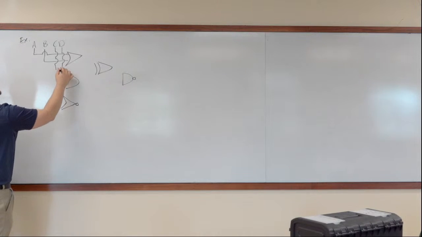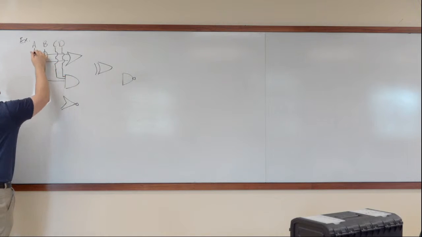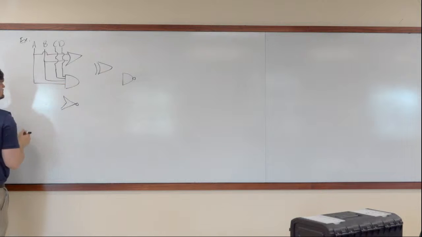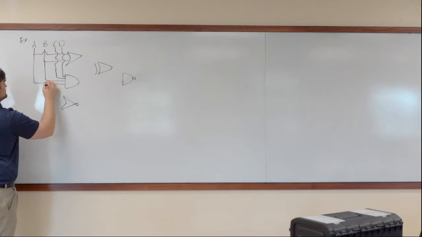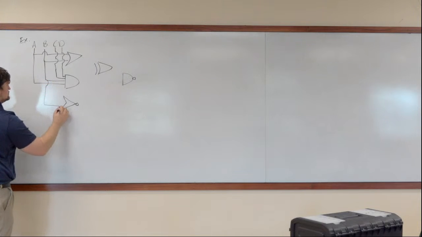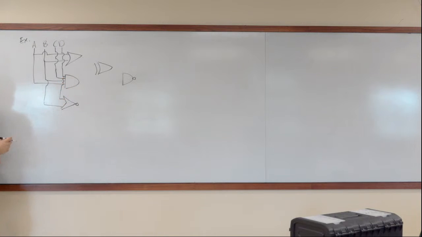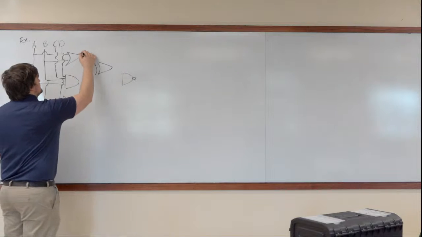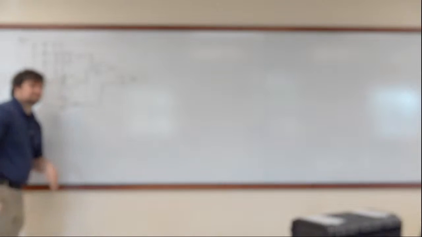We'll have all four of them go into here. And then we'll have B and D go into here. Then we'll take this, plug it into here with this, and do that.